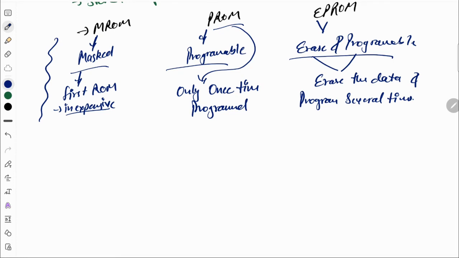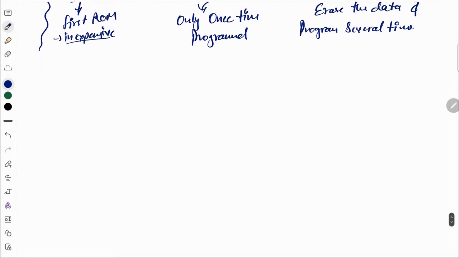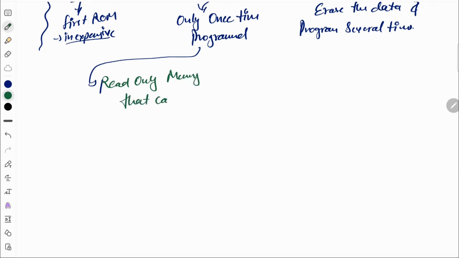Let's talk about the definitions. PROM is read only memory that can be modified only once.